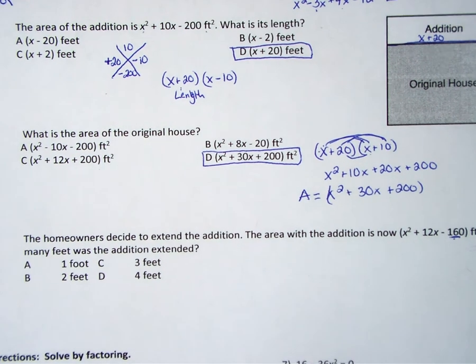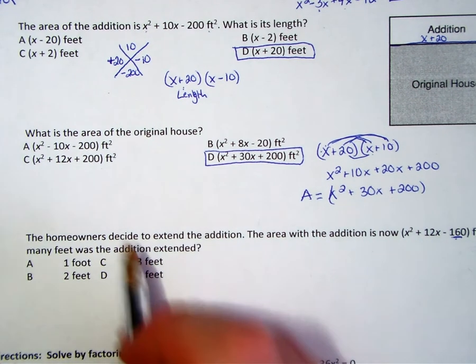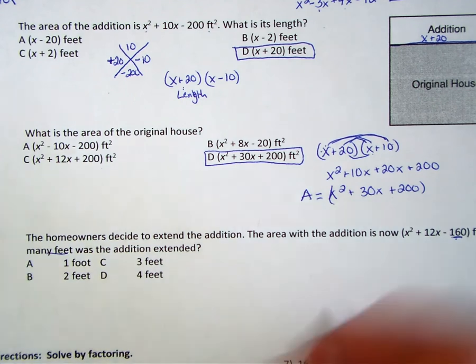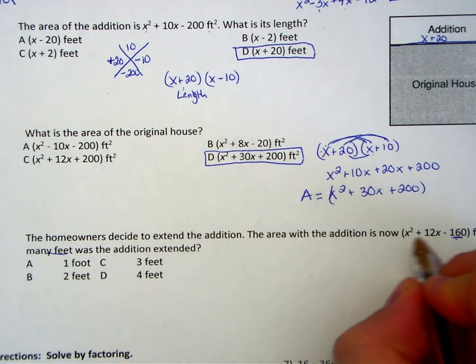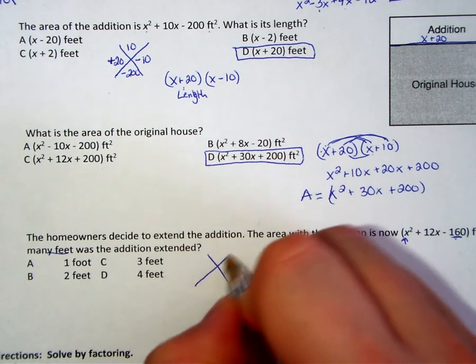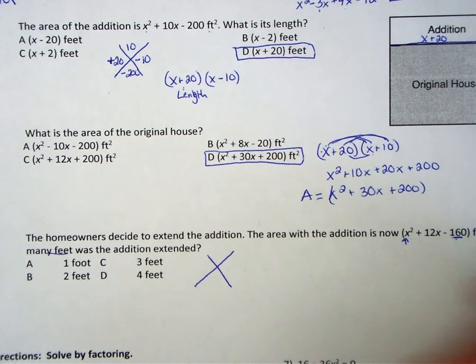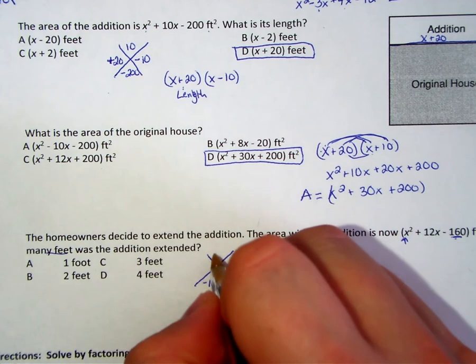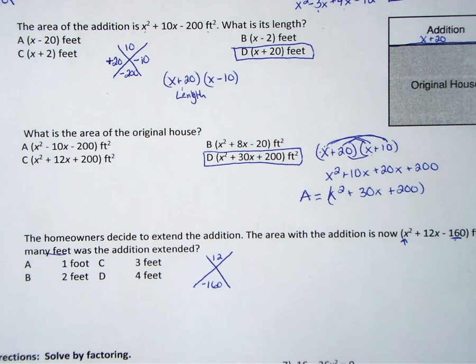All right. So, in order for us to figure out how many feet were added to the extension, we're going to need to factor. So, again, I see my A value is a positive 1, so we're going to use our X games. We're looking for two values that multiply to negative 160, add together to give me 12.